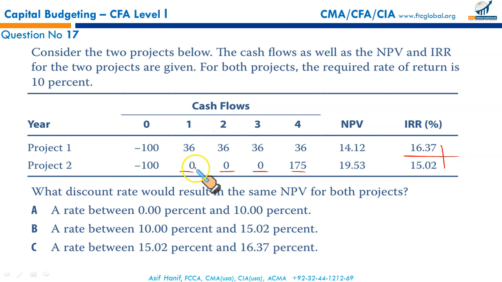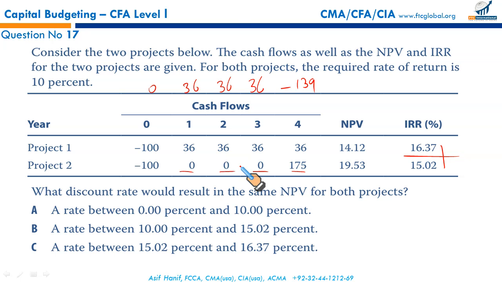If you calculate the difference, 36 minus 0 is 36, 36 minus 0 is 36, 36 minus 0 is 36, but 36 minus 175 gives you negative 139.